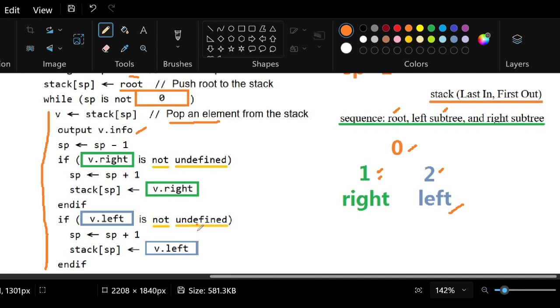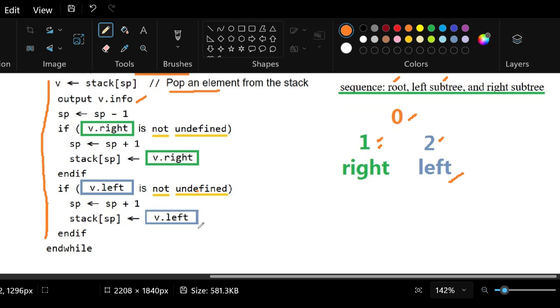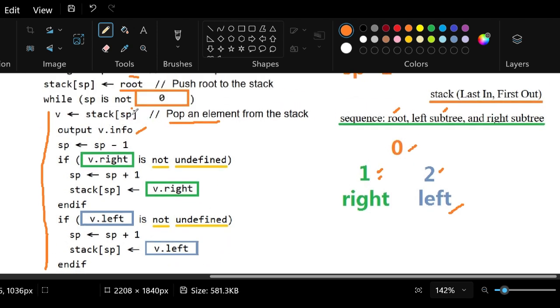We then see if it has a left element. Does it exist there or not? And we know that it doesn't have any more elements, so we go back to the while loop, and because it's 1 right now, it's not 0, so we have to go into the statements below the while loop, and that's when we pop an element from the stack, which is the right subtree.